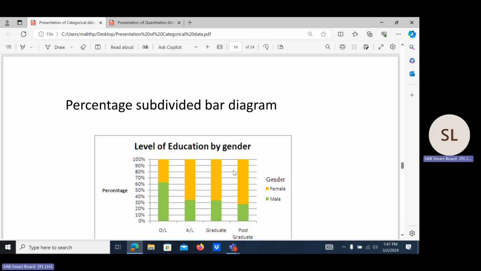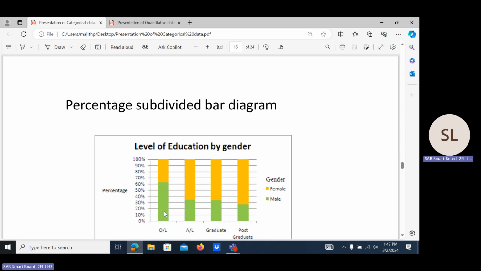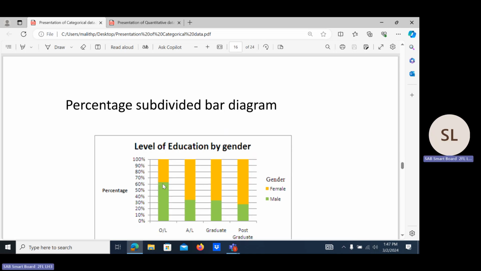Okay, the first one, the O-level category, has a total value of 8: 5 are male, 3 are female. Both values we can convert into percentage values. 5 are male, so 5 over 8 into 100.